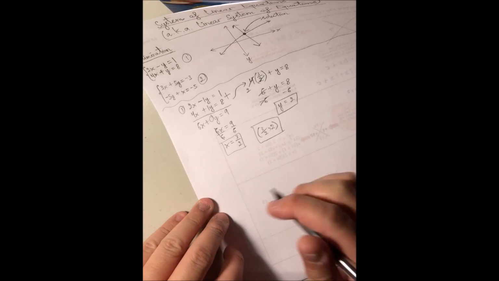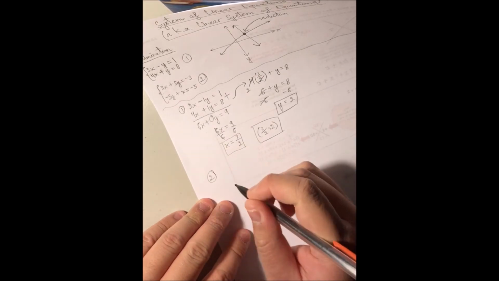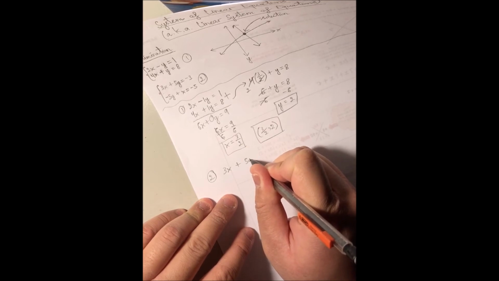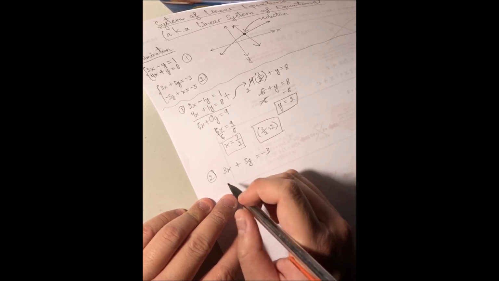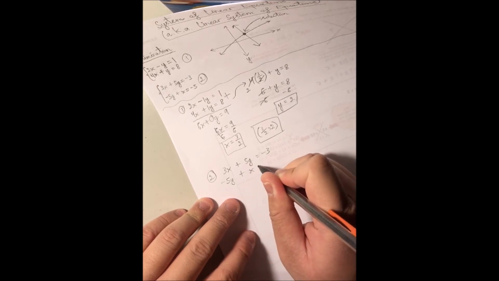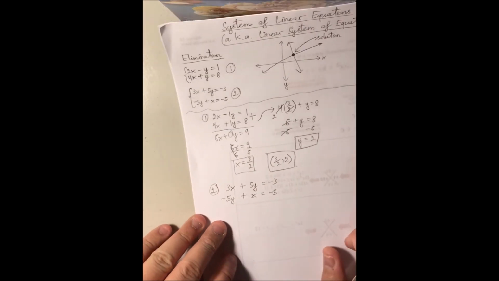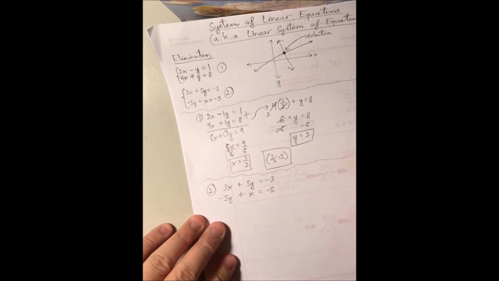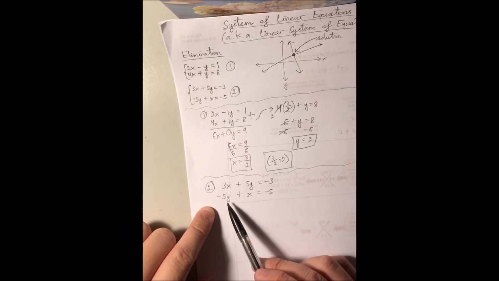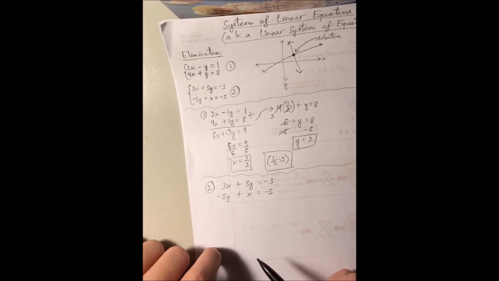All right, next, example number 2. You got 3x plus 5y equal to -3. And you got -5y plus x equal to -5. Now, in this example, you can tell that one equation has the standard form order and the other equation has the x and y switching places.